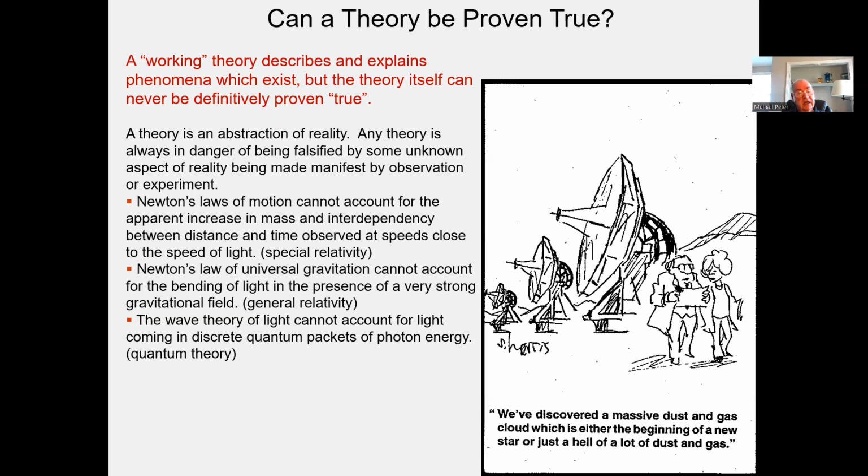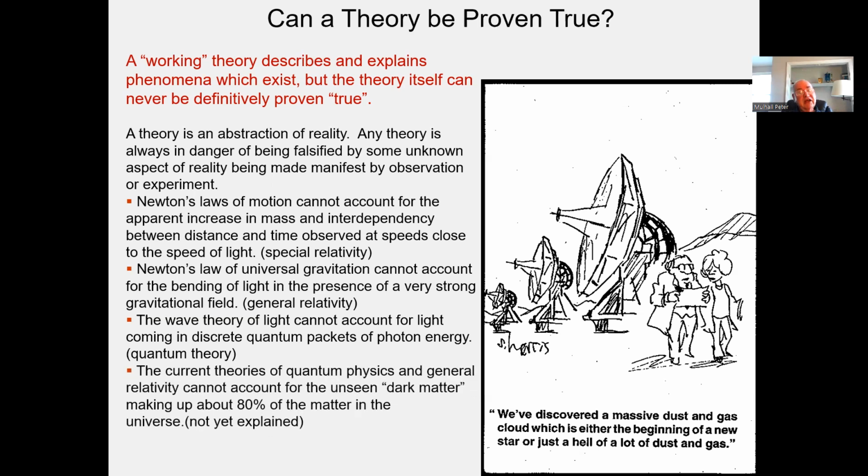The wave theory of light can't account for light coming in discrete quantum packets of photon energy. We need to move to the quantum theory developed by Planck and Einstein to begin to understand that.